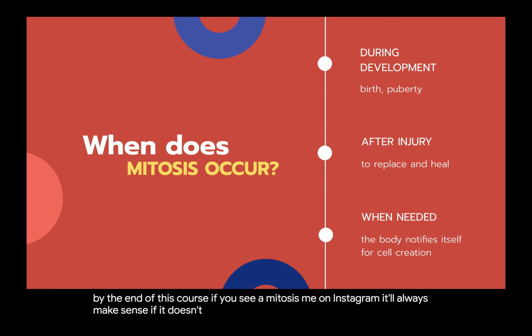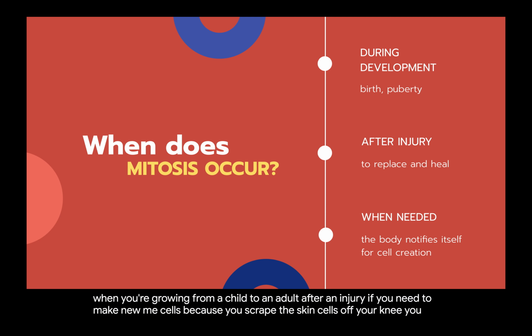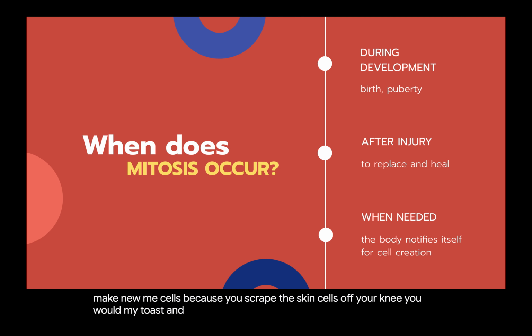So when do we mitose? Because mitosis is like a process. It's like a verb, to mitose. We do it when we're growing and developing, like when you're a fetus growing inside of your mom, or when you're growing from a child to an adult. After an injury, if you need to make new knee cells because you've scraped the skin cells off your knee, you would mitose and make a bunch of copies to fix that problem.